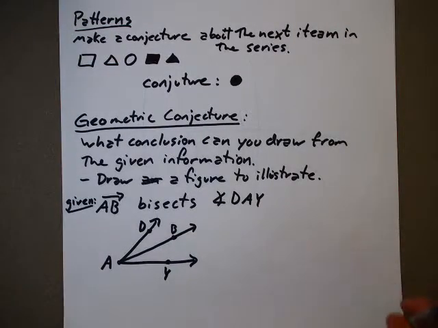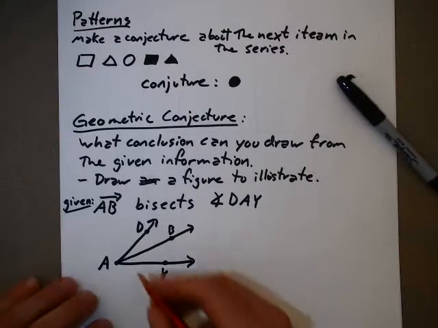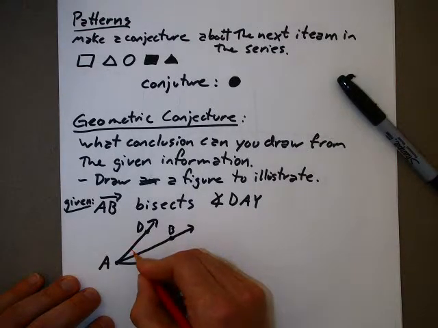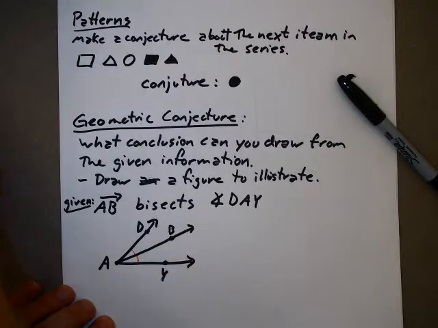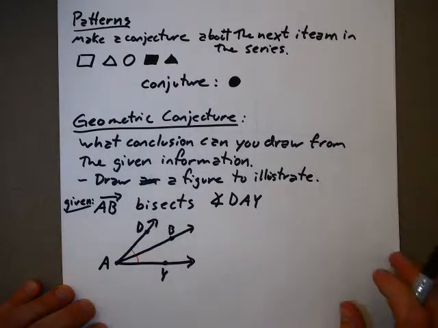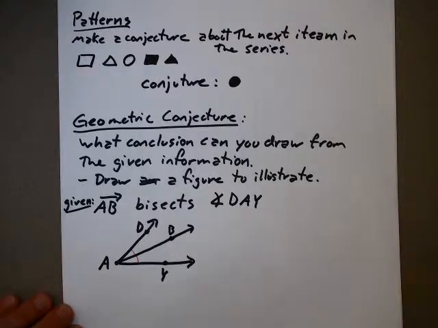And how do we know that it's an angle bisector? Well, we know some things. We know that angle bisectors make two congruent angles. And so we have to come up with some sort of conjecture.